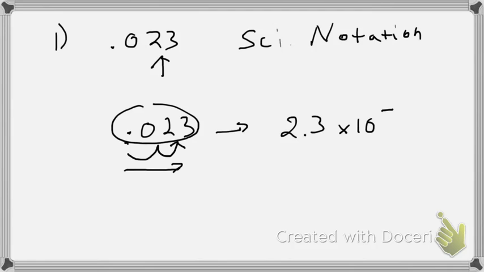So we have a negative exponent because we moved the decimal to the right. Now the number up here is determined by the number of steps. So we had 1 step here, 2 steps here, so that means that we have a negative 2. So our final answer for this problem would be 2.3 times 10 to the negative 2, and that's our answer.